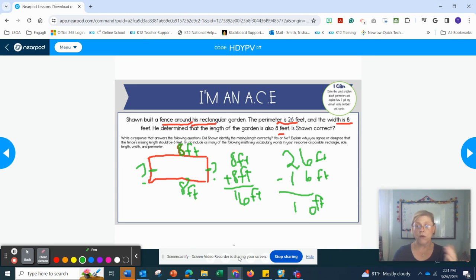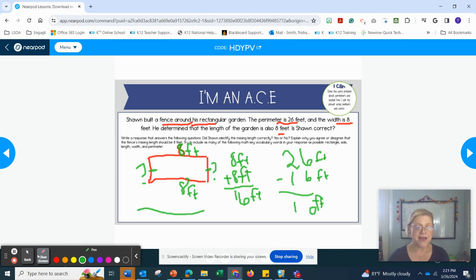Well, I know that 10 feet can be broken up into two equal pieces. Those two equal pieces that 10 feet can be divided into is 5. So 10 broken up or divided into two equal pieces is 5.